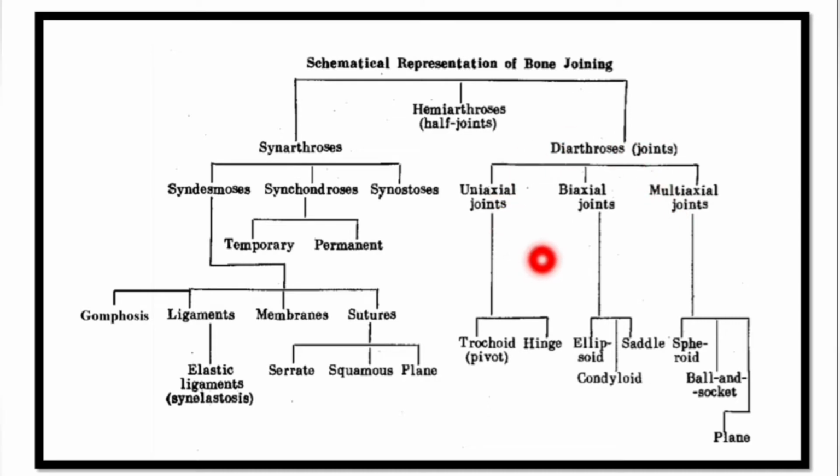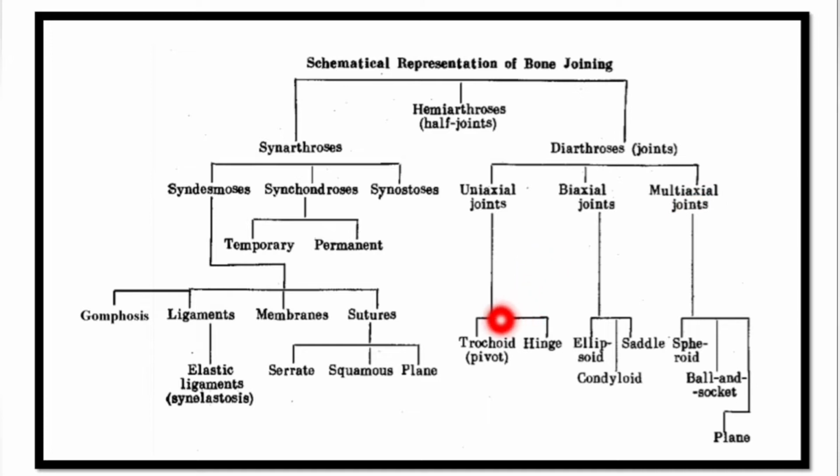Joints are classified into three groups according to the range of motion: uniaxial joints, biaxial joints, and multiaxial joints. Uniaxial joints allow motion in one plane or one axis. Biaxial joints allow motion in two axes or two planes. Multiaxial joints allow motion in three or more planes or axes.